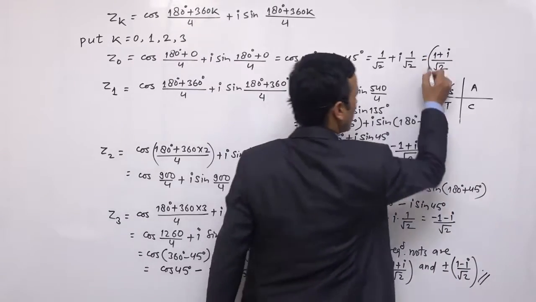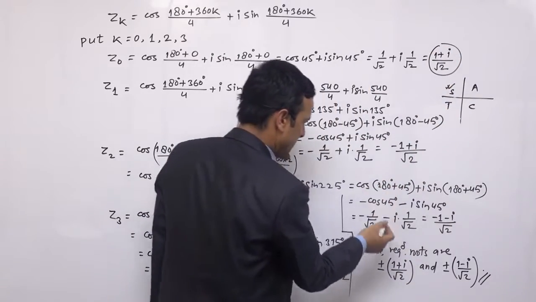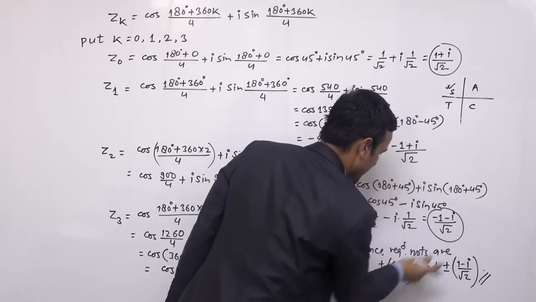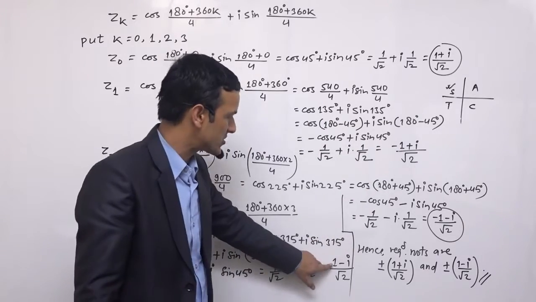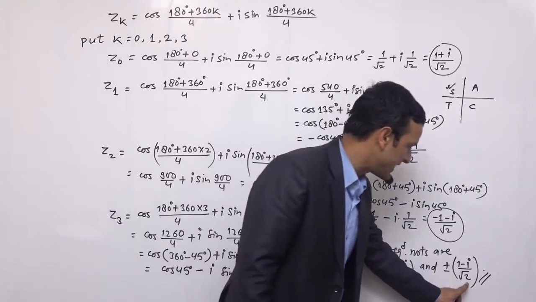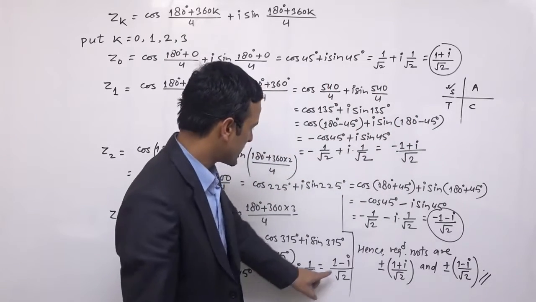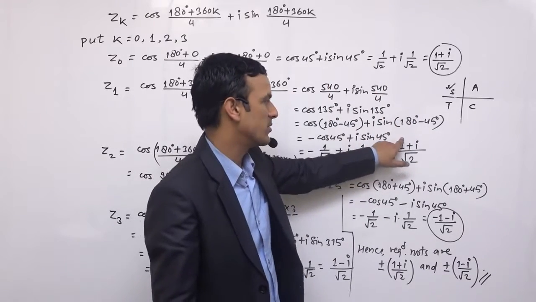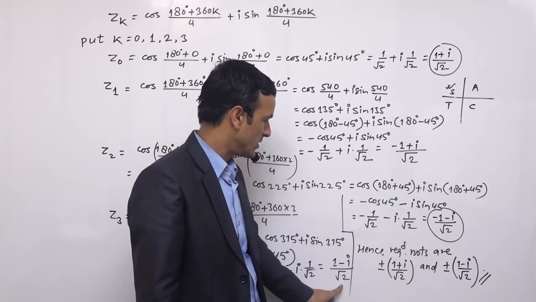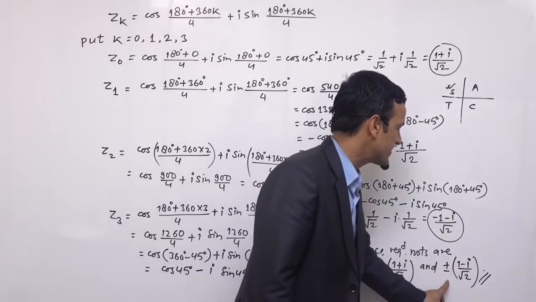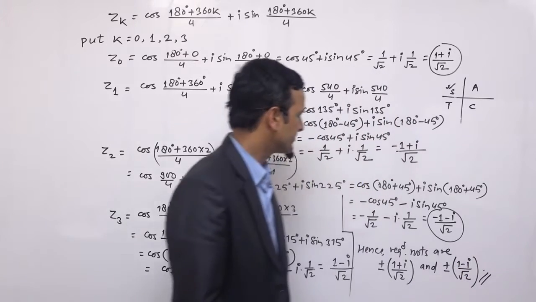When we combine these solutions, we get this solution. Similarly, this solution and this solution, if we combine, then we get this term. If you take minus common, then it will be 1 minus i by root 2. Here is also 1 minus i by root 2. So it will be plus minus 1 minus i by root 2.